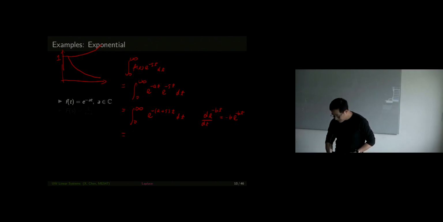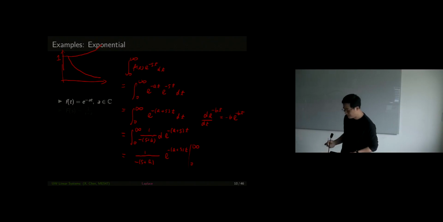So therefore, this one is nothing but d of e to the negative (a plus s)t, divided by negative (s plus a), from calculus. So the final result is simply the evaluation of, there is again, 1 over negative (s plus a), and then e to the negative (a plus s)t evaluated as the difference between its value at infinity and its value at 0.